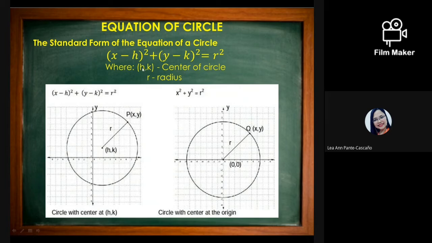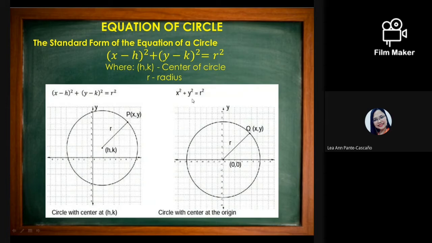So h stands as the value of the x coordinate of the center of our circle, while k is the y coordinate of the center of a circle, and r stands for the radius. So if you have this given circle and the center is not at the origin, it pertains to (h, k), then this is the radius. So this is now the formula.